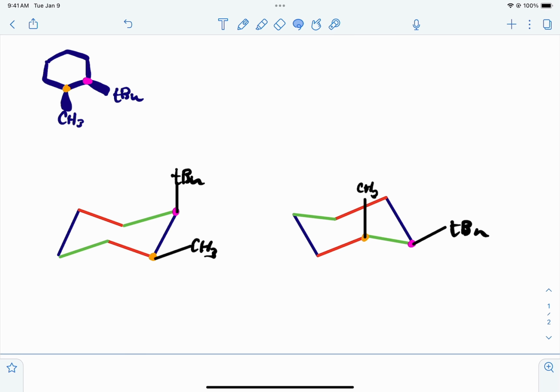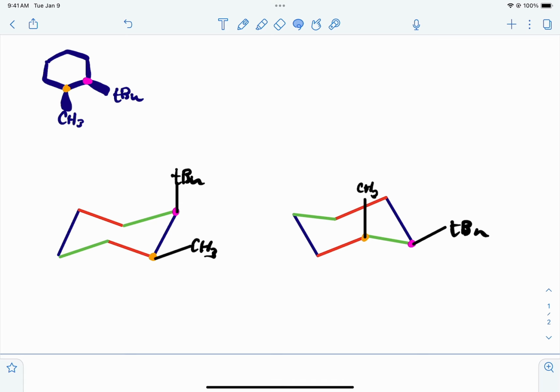They're not equal in bulkiness. The T-butyl is a much more bulky group. Significantly. Of all the groups that we'll ever look at, the T-butyl is probably the most bulky. It's 4 carbons, a bunch of hydrogens. They're branched, so they're all pointing in different directions. It's a big, bulky group.